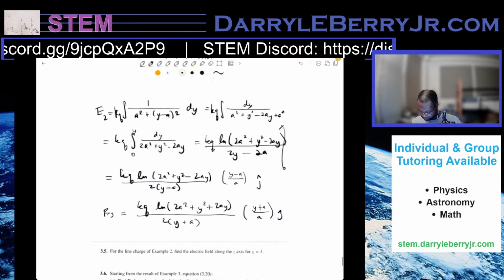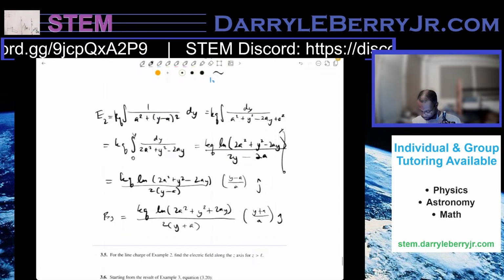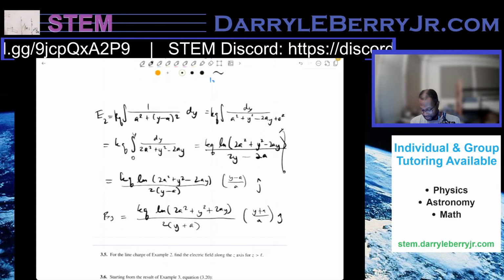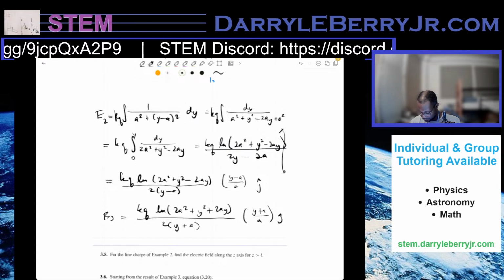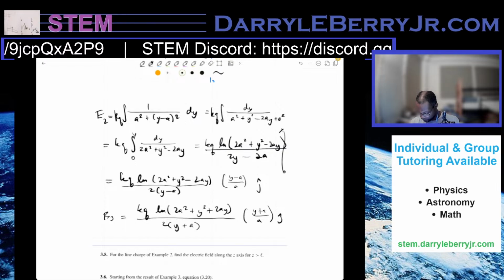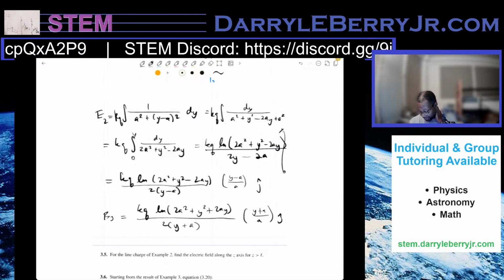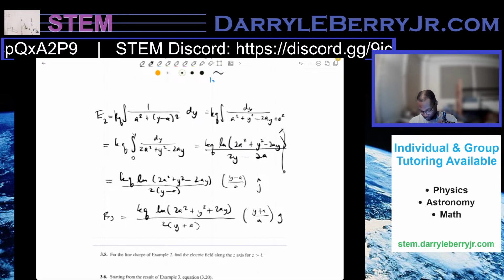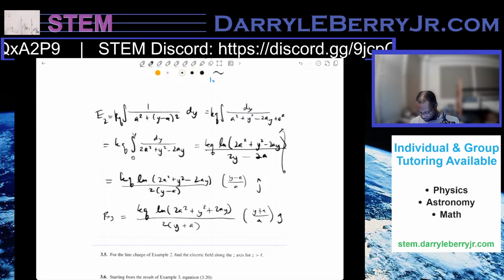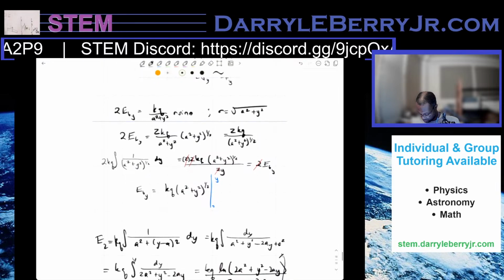The thing is, the magnitude is the same, but they're opposite. That it should cancel out in the center when y equals 0. So the first one equals 0 at y equals 0.